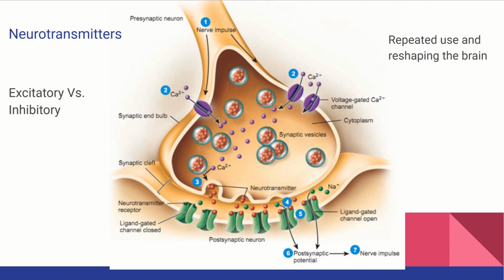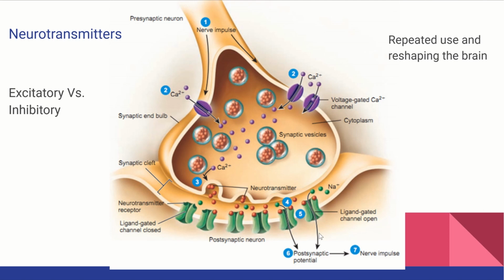Remember that neurotransmitters can either be excitatory or inhibitory. And what that refers to is what's going to happen to the next neuron. If it's excitatory, that neurotransmitter is going to cause these channels on the postsynaptic neuron to open and have those sodium ions move in, so depolarization can begin to happen.